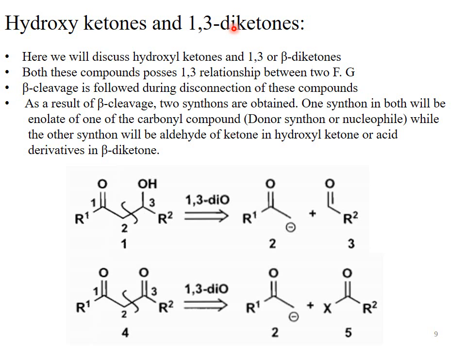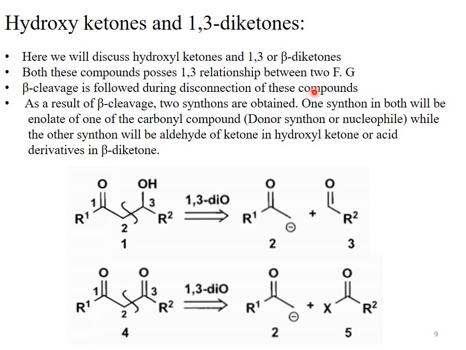Hydroxyl ketones contain two functional groups. One is the hydroxyl group, the other is the keto group. And 1,3 diketones contain two functional groups, and both are keto or carbonyl groups. Beta cleavage: when we disconnect hydroxy ketones or 1,3 diketones, we proceed with disconnection by beta cleavage.